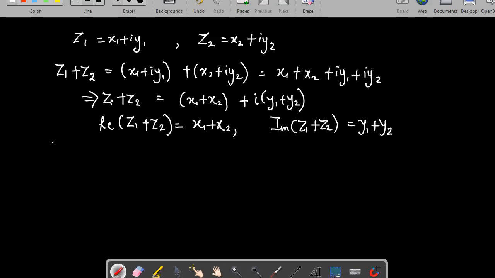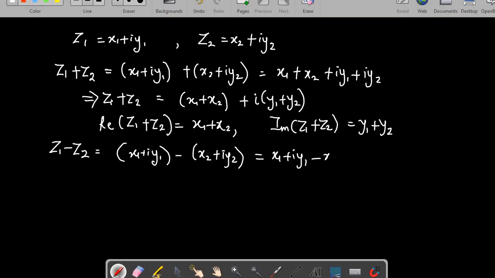If I have two complex numbers subtracting each other, let's use the complex numbers we have already stated, z1 and z2. You have x1 plus iy1 minus x2 plus iy2, so you have x1 plus iy1 minus x2 minus iy2.